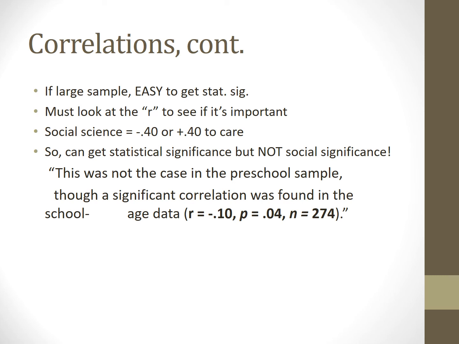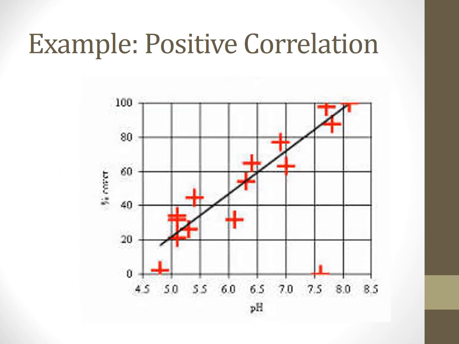The general rule is if the R statistic is 0.40 and above, up to 1.0, or -0.4 and lower, all the way to -1.0, that is what we want to look at. Again, it's easy to get the computer to say you have significant correlations, but they can be really weak.